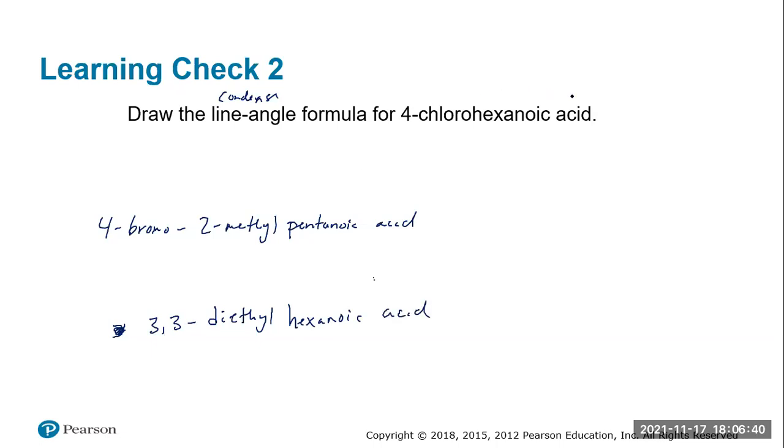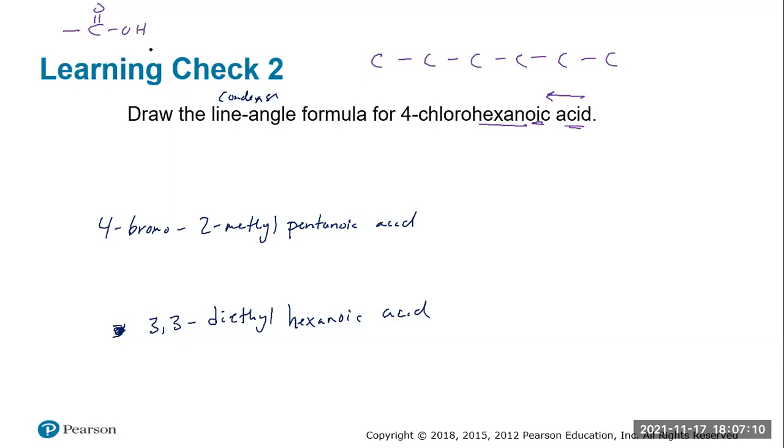Got the name, you want to draw it. We just want to work, as always, backwards. So first off, when I see oic acid, that should tell me it's a carboxylic acid, and it should obviously have this group attached. Hexanoic acid is basically based off of hexane, which means, if we're going to do the condensed structure, you can really just start with your 6 carbons there.